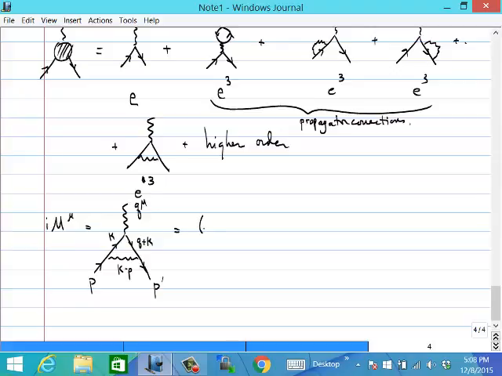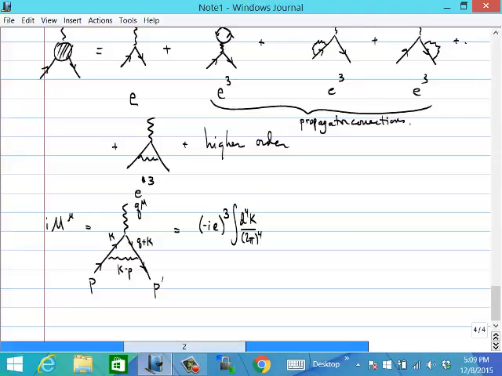So you get three factors of ie coming from the three interaction vertices. You have an integral over the undetermined momentum, k. Then you have to start writing down the various interaction terms and propagators in this Feynman diagram.